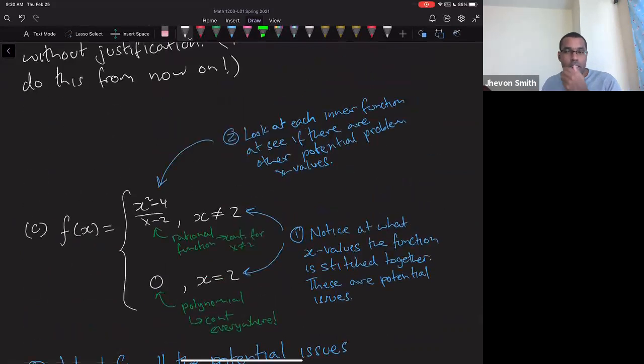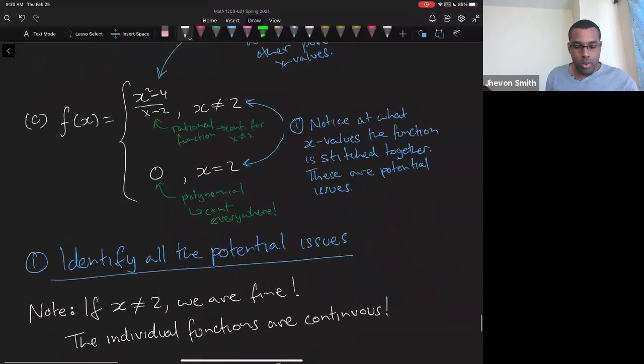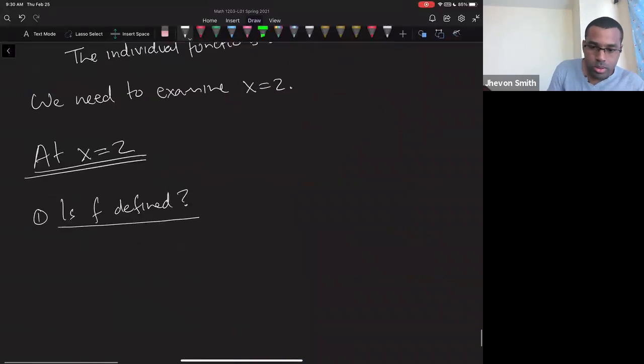Is f defined for 2? What is it defined as, if anything? So I'm asking what is f of 2?